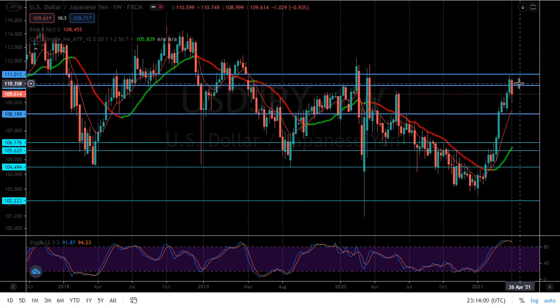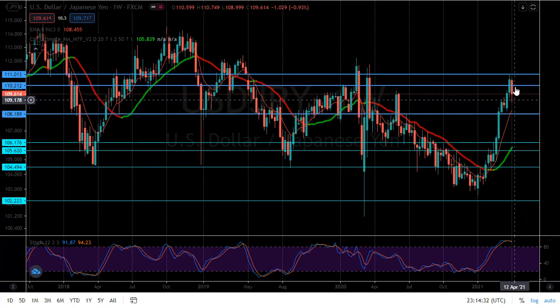Like I said, as we get to the 110.30 area, look for reversals around here, maybe a spike a little bit above that zone for us to continue the downside. Our next key level of support here is at the 108.18 handle.